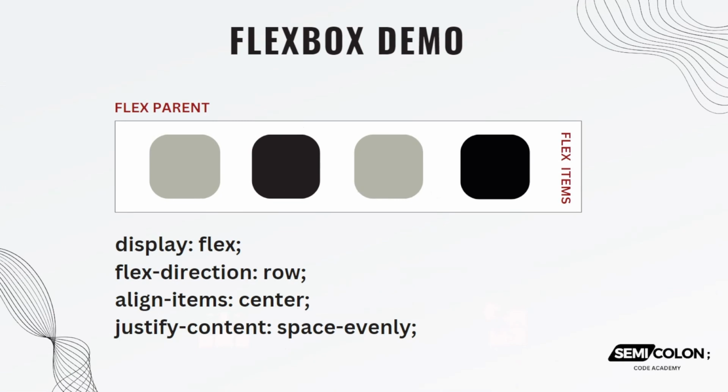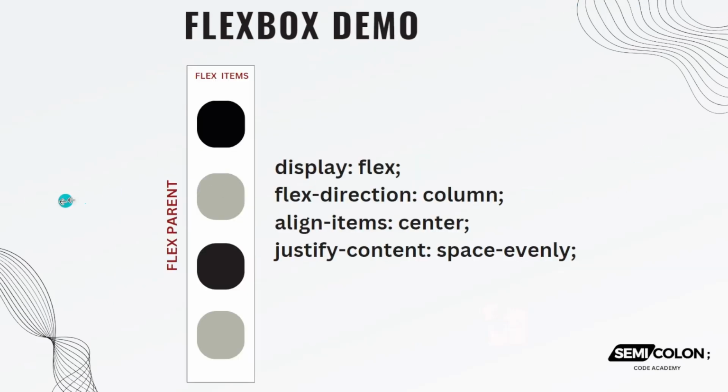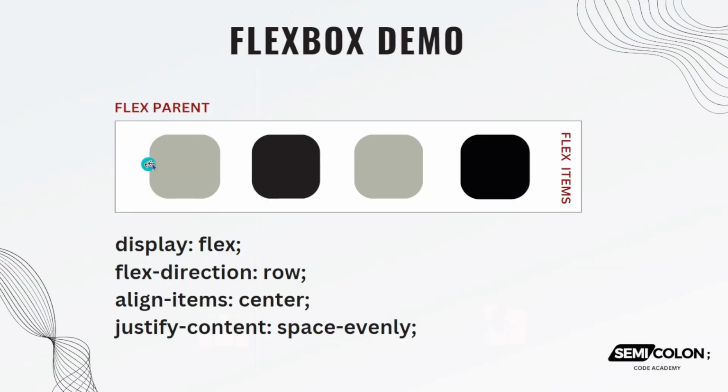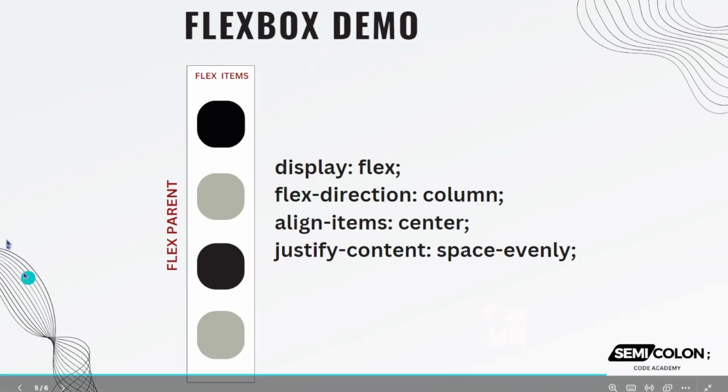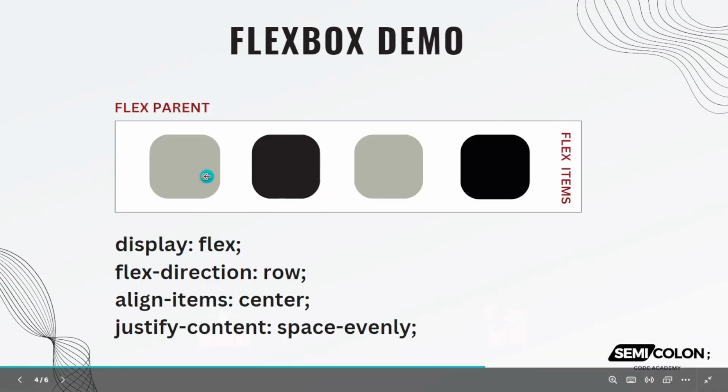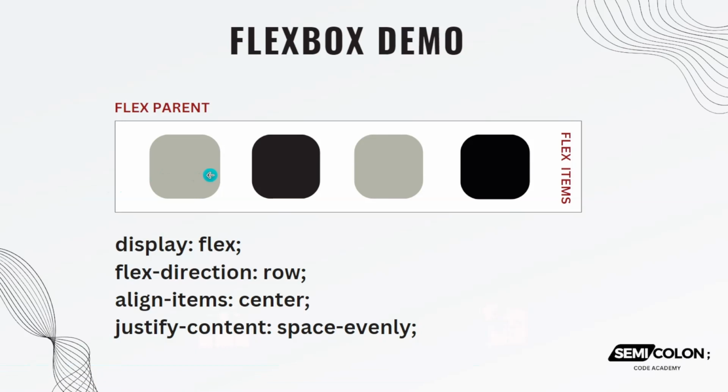So ladies and gents, let's dive straight into a demo of Flexbox, right? These two slides basically represent Flexbox. Flexbox aligns items in rows and columns. It's that simple. It's really not that deep. For every implementation of Flexbox, the most important thing to remember is that there's always a flex parent and flex items.